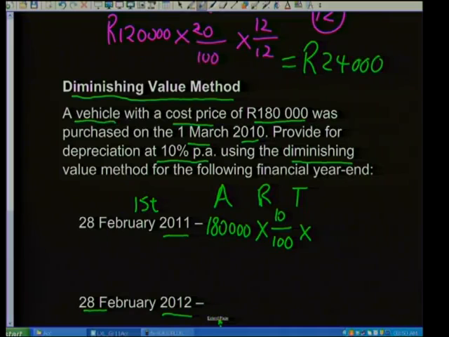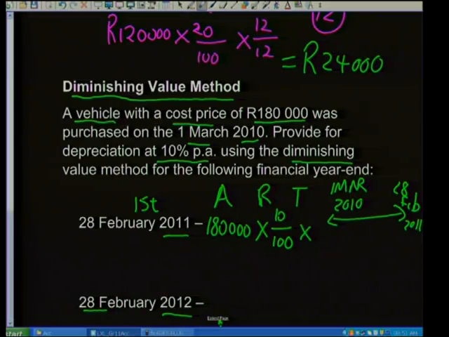and then the time, which again, because it was purchased on the 1st of March 2010, the first financial year ends on the 28th of Feb 2011. So again, we're looking at 12 months.